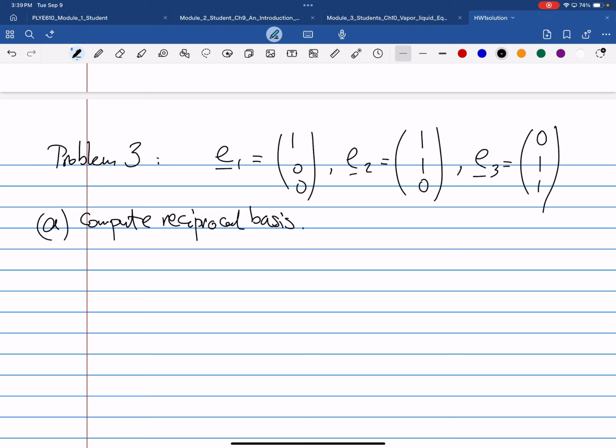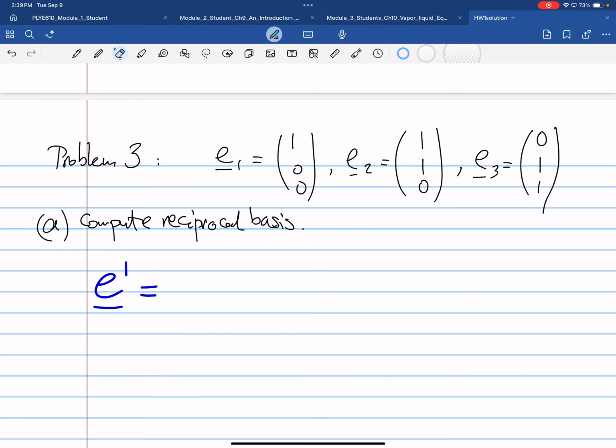Okay, how did we do it? Let's say I'm interested in this one. I need to write it properly, this one, right? So we use this type of covariant representation of the basis vector to say that it's reciprocal.